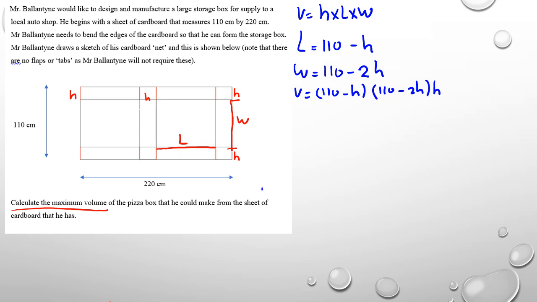Now I've got an equation with only h as a variable. Then I will expand. I'm not going to show you the expanding, you can do it yourself. I'm just going to write the final expression after I've simplified everything.